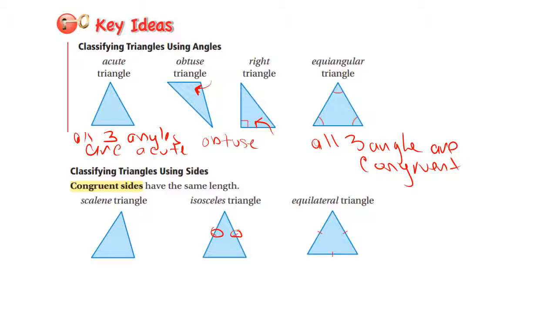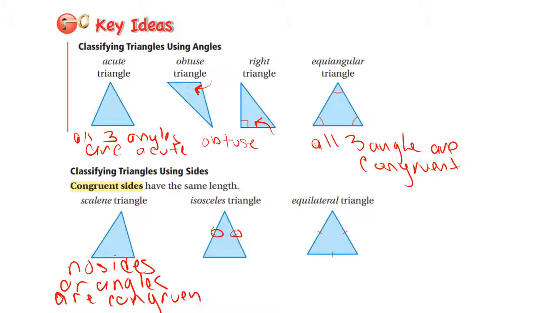Now it looks like I just made eyes on that triangle. So we have a scalene triangle. A scalene triangle means that no sides or angles are congruent. Okay, so make sure you get that written.